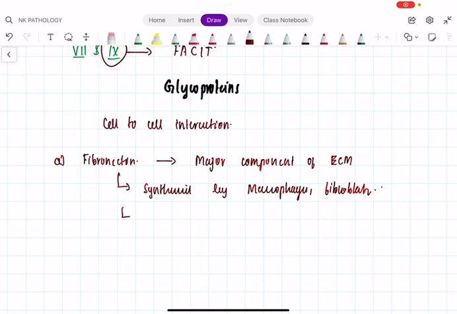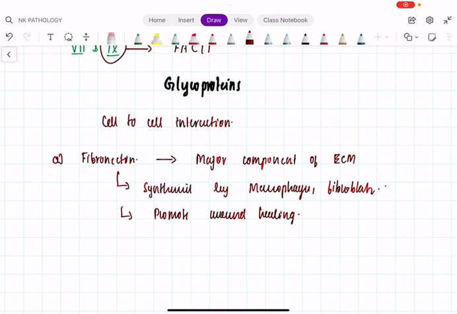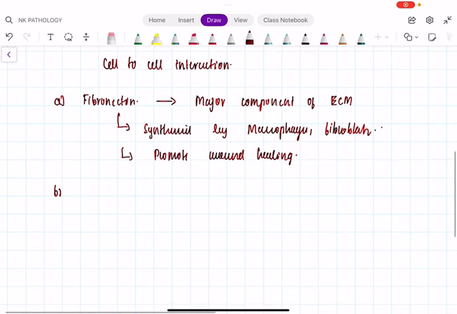They promote wound healing. B, laminin. First MCQ. This is a major component of extracellular matrix.